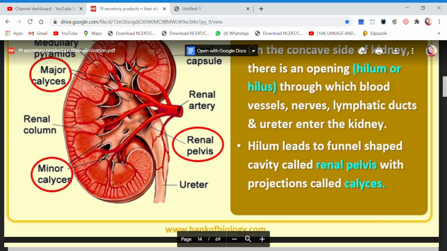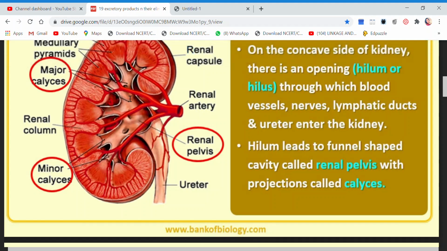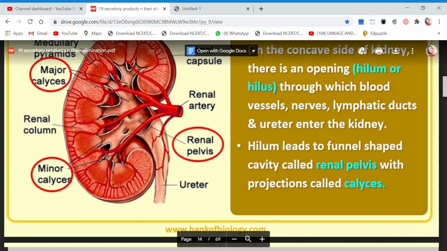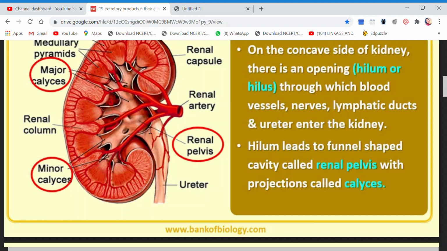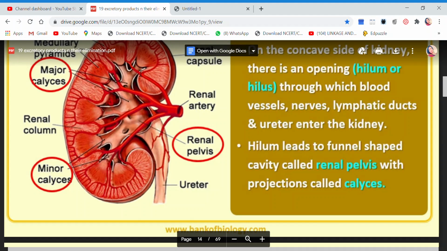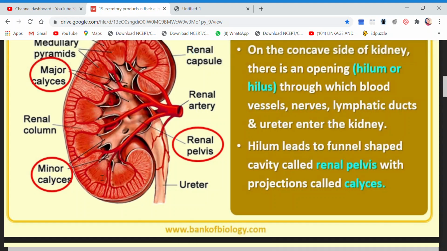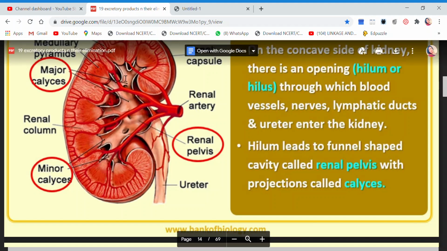The renal pelvis extends towards the outer side of the kidney and is called calyces. So the renal pelvis is a funnel shaped structure which continues, and that continued portion is called calyces. Children, the renal pelvis has projections called calyces.